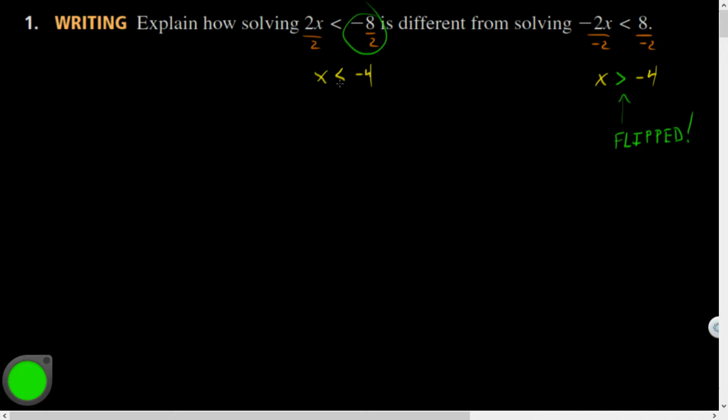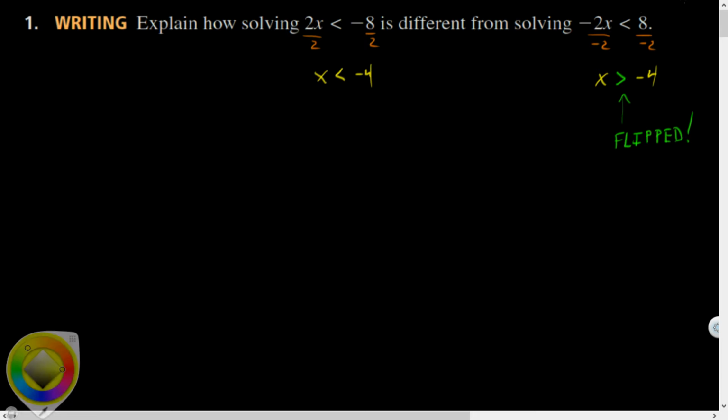Why didn't I flip it? Yeah, the thing I was dividing by was positive. So I don't care about the fact that the numerator was negative. It's whether I'm multiplying or dividing by a negative that tells you when to flip that sign.